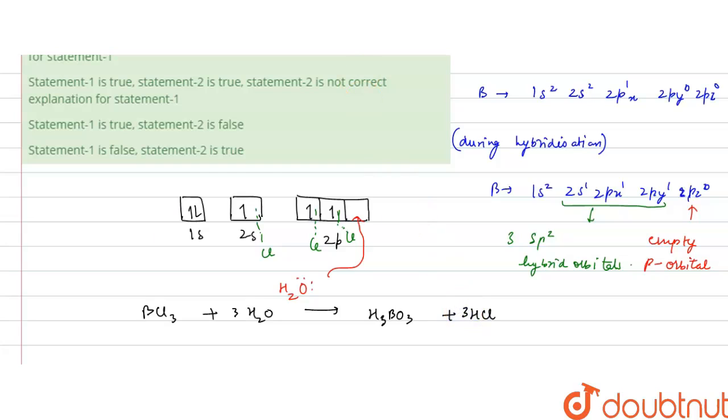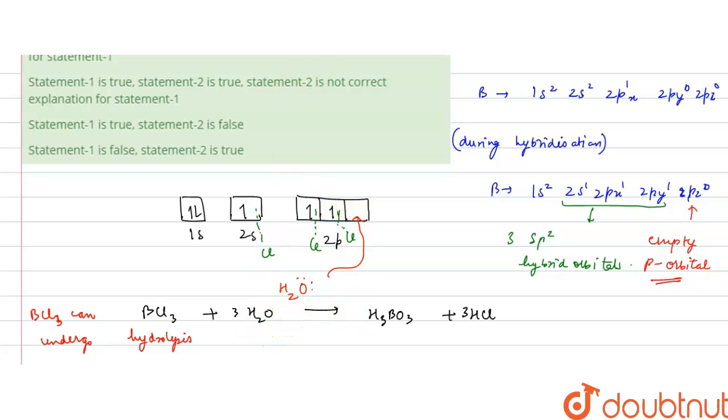So BCl3 can undergo hydrolysis due to the presence of the empty orbital, since the lone pair of the oxygen atom is donated to this empty orbital.